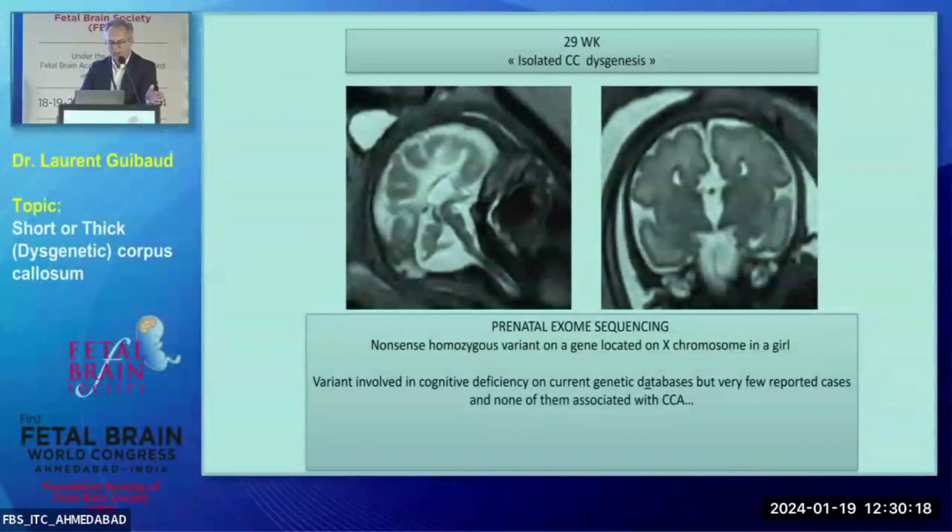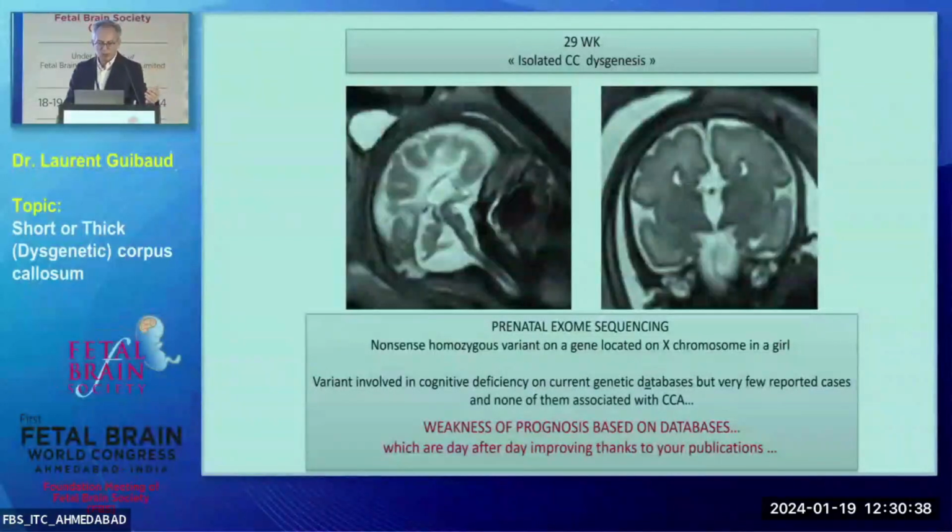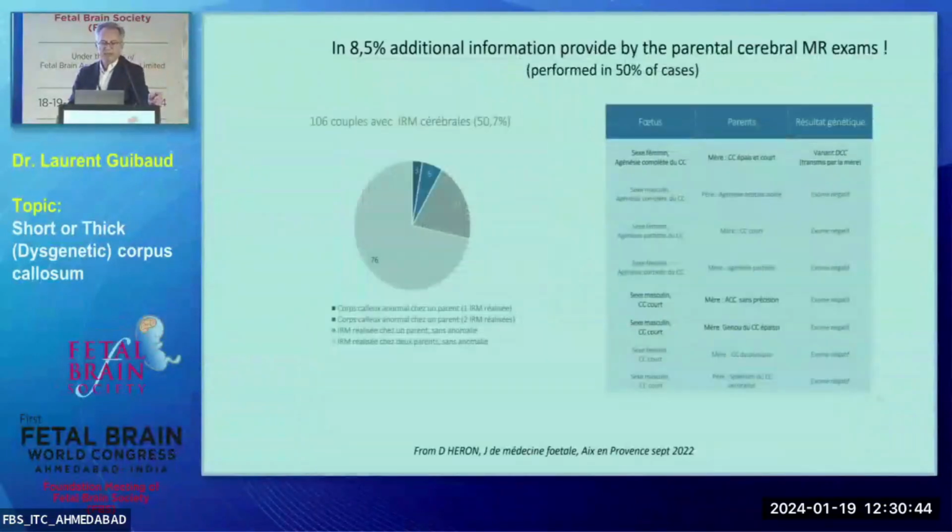And this variant is involved in cognitive deficiency on database, but very few cases are reported, and none of them have dysgenesis of the corpus callosum. What should we do with this information? And this, the weakness of the prognosis based on database, is why we have to publish a lot to increase, in fact, this database and improve the counseling.